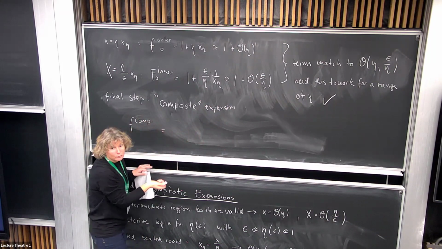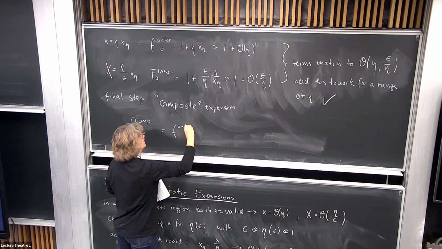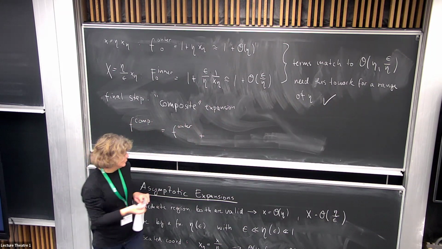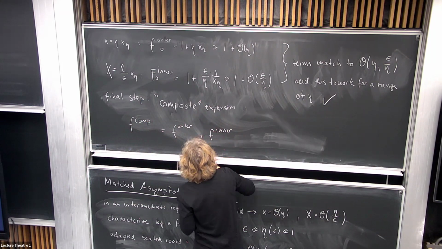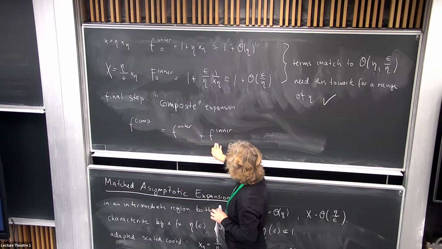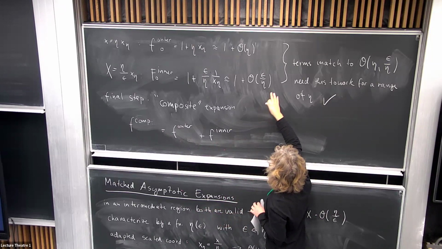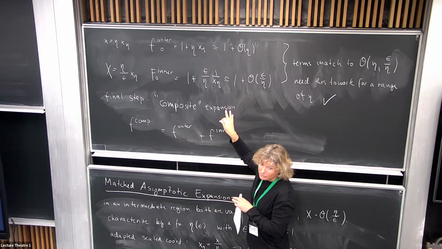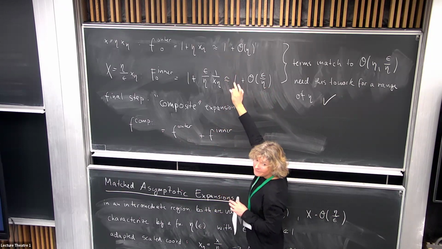We know we have a solution that works at large X, which is the outer solution. We have a solution that works at small x, which is the inner solution, so F inner. So this will automatically work both for large and small x. However, we showed from the matching here that there is a common content of both of them, which was this term 1 that we saw in the matching.